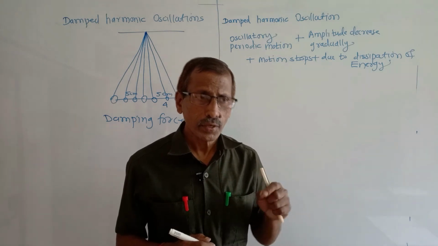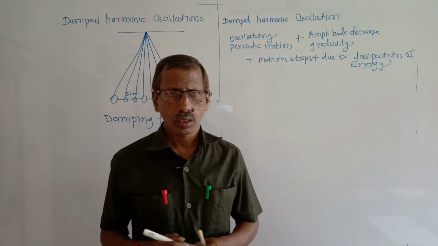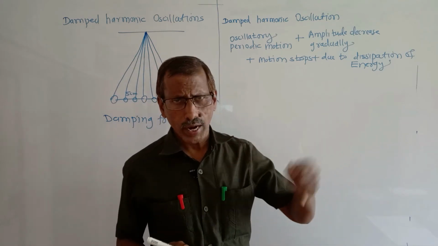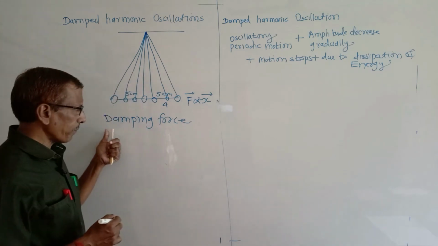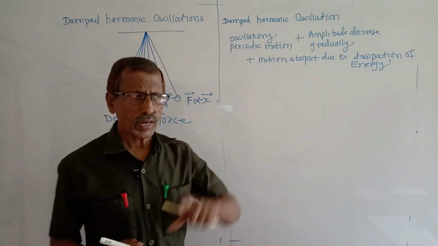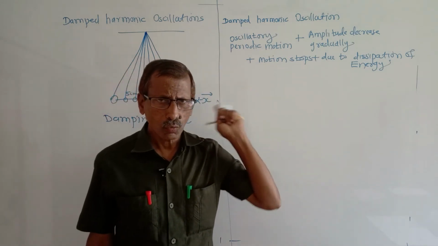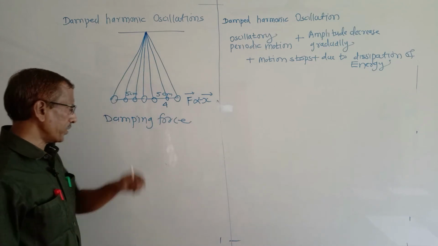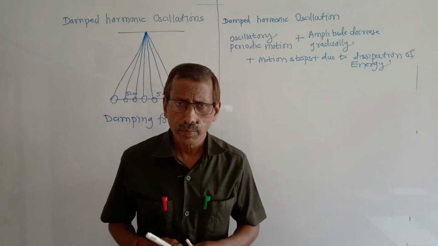So in addition to the restoring force, there is one more force, the damping force, acting on that body. When amplitude remains constant, only restoring force acts. When amplitude is decreasing, in addition to restoring force, there is a damping force acting on the body.